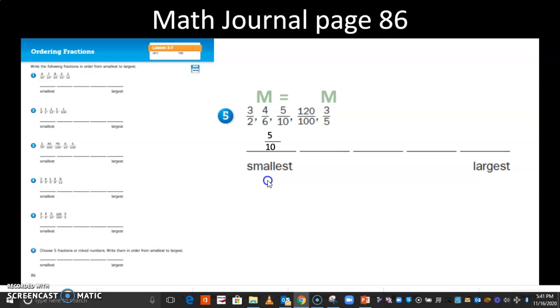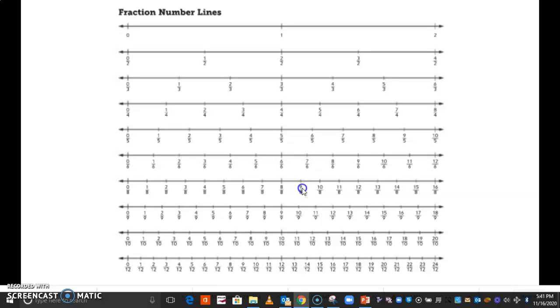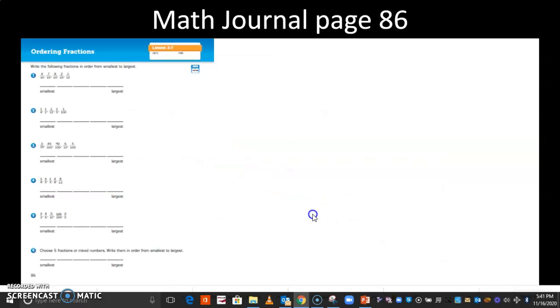Okay? And then we have our 4/6 and our 3/5. We need to figure out which one's more. So let's go to our number line. 4/6, 3/5. It's close, but 3/5 comes before 4/6.